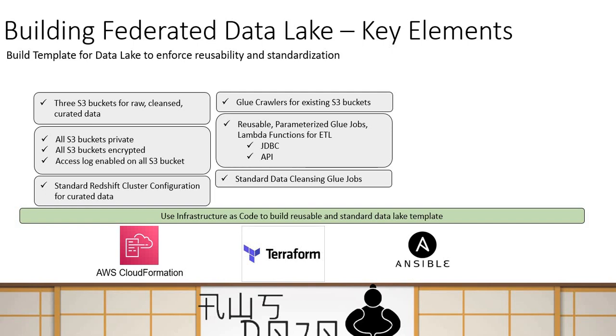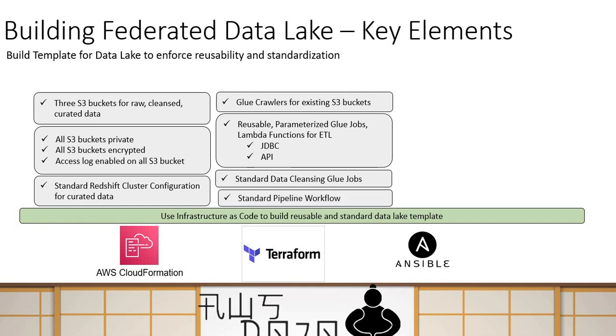You format your currency in a certain way. If you have this kind of standard routines to perform across different departments, you might want to create a standard cleansing Glue job, which can simply take care of these standard data cleansing operations. This can go as a part of your template.